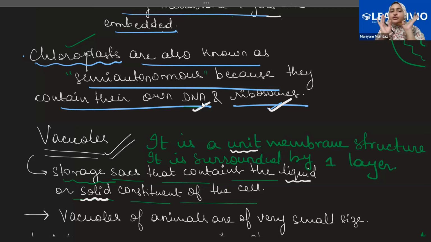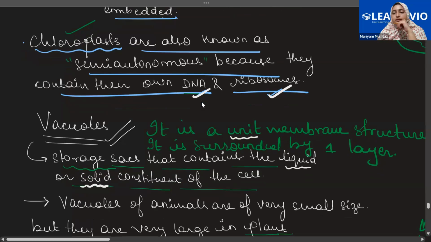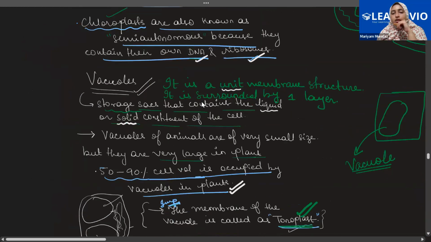In the whole world, if we talk about plants and animals, only two cell organelles have their own DNA and their own ribosome. That is mitochondria and chloroplast. Only these two. Clear? Yes, ma'am.